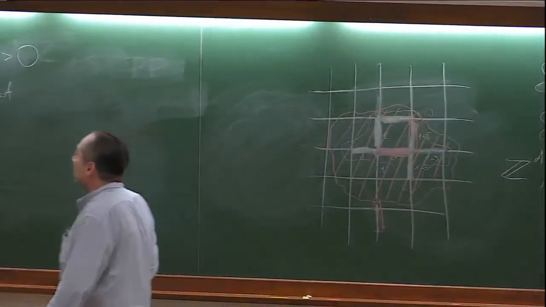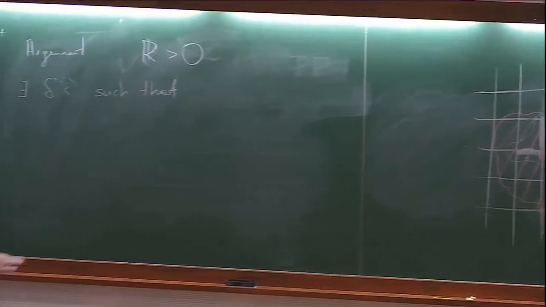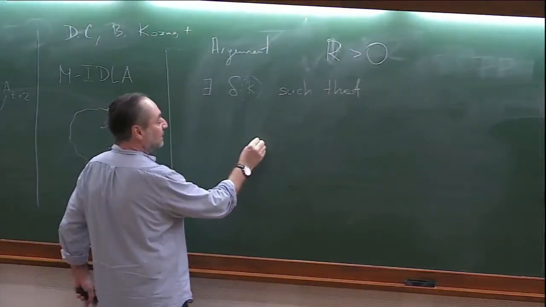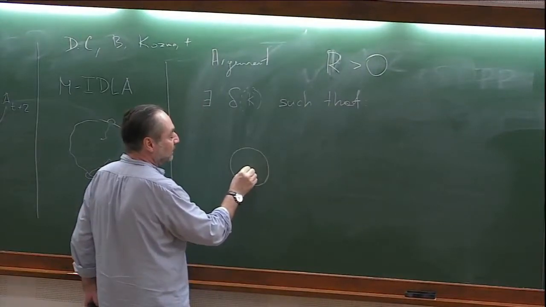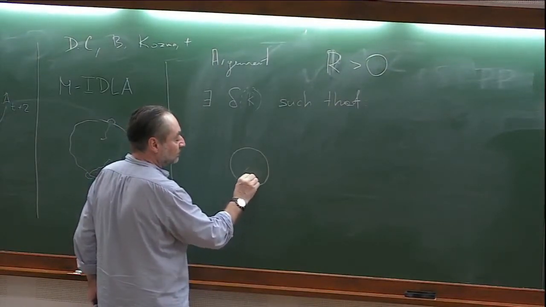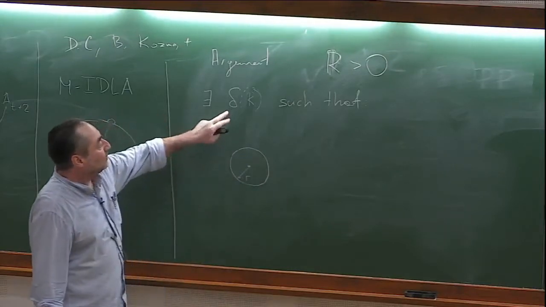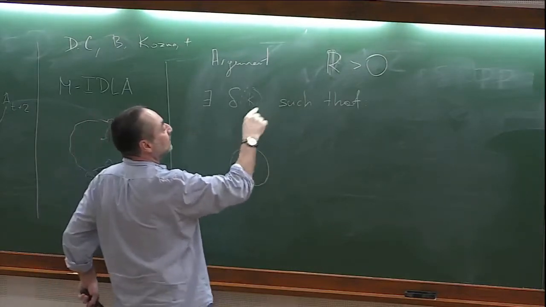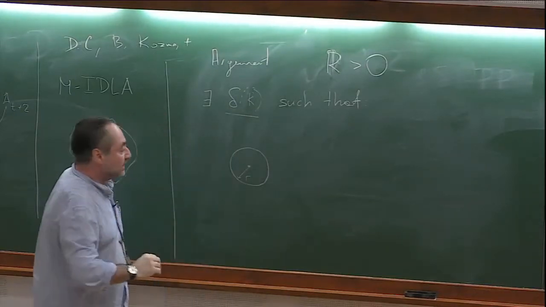Suppose I consider a situation, just to make it simpler to understand, where I take initial conditions, some small disk of small radius r, and start from the origin. But delta now should be thought of as very large, in the following sense.